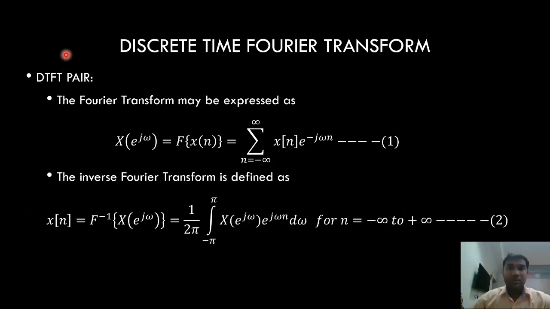So this is the DTFT pair. In the continuous time Fourier transform, we studied the Fourier transform pair, that is x of t and x of omega.